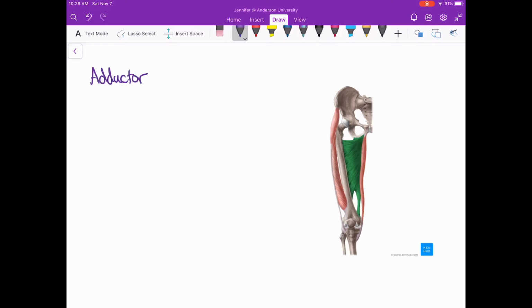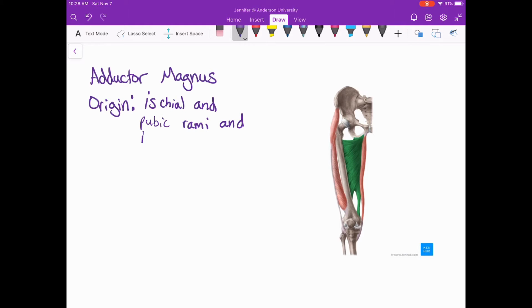Next we have the adductor magnus, one of the three medial adductors. It is a large muscle mass forming the medial aspect of the thigh, arises from the front of the pelvis and inserts at various levels on the femur. So the origin is the ischial and pubic rami and ischial tuberosity.